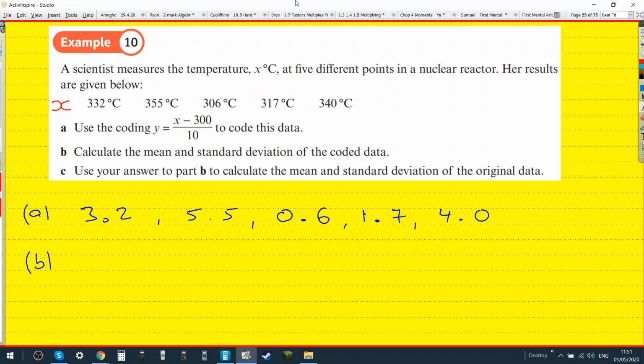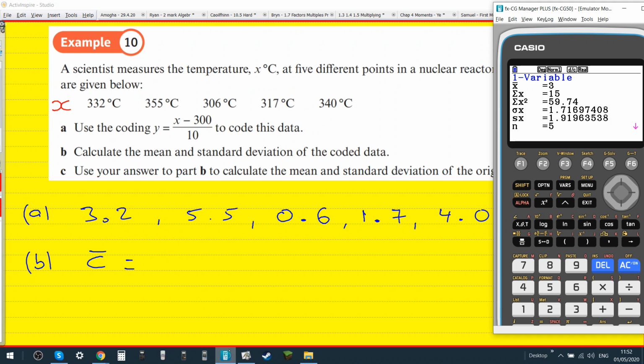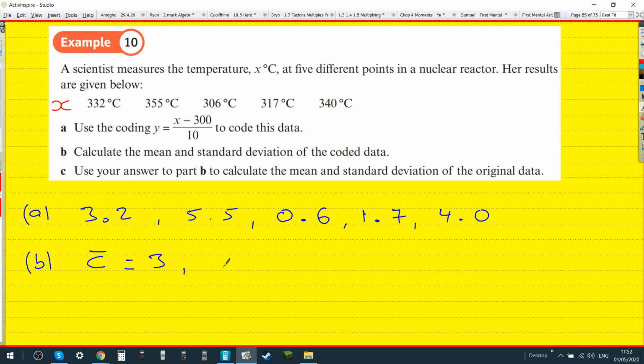Okay, so 3, 1.72. And part C. Any idea how you do C?